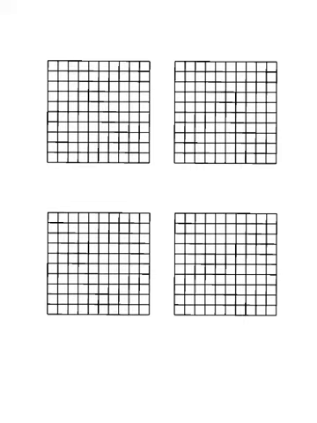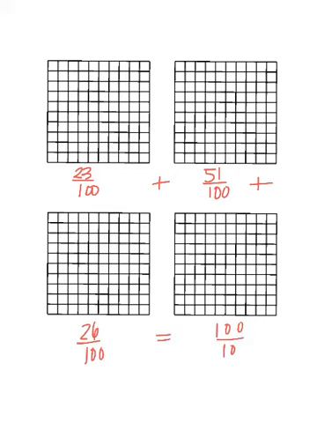Okay, so this one we're going to use and model adding up 3 fractions to equal 100 100ths with these grids. So let's try 23 hundredths plus 51 hundredths plus, I'm going to move down to this model down here. 23 plus 51 is 74. So then 26 hundredths would equal 100 hundredths.